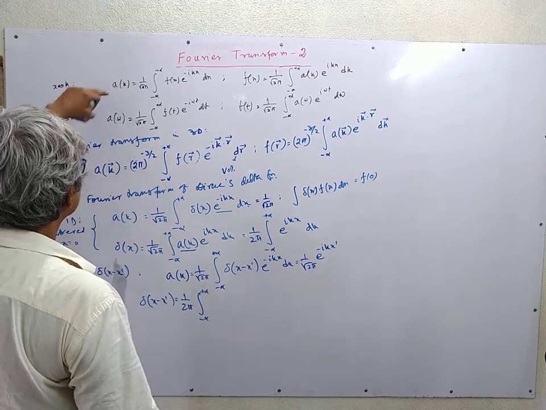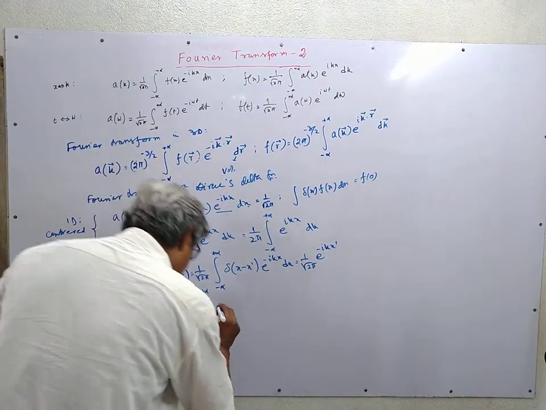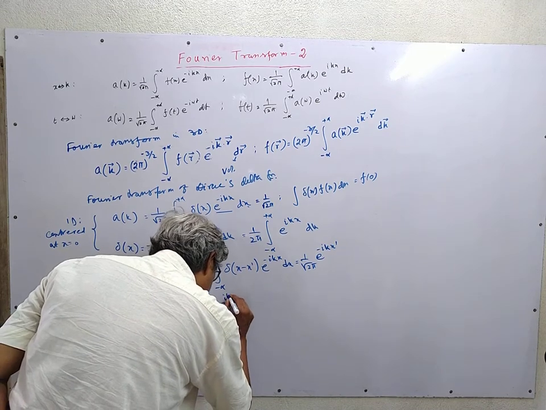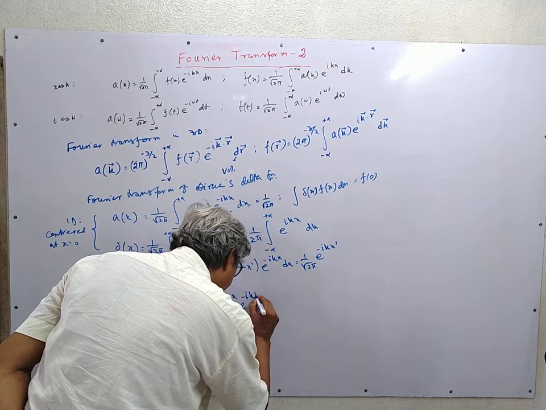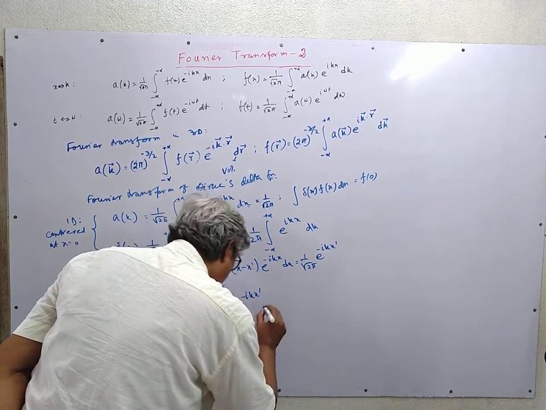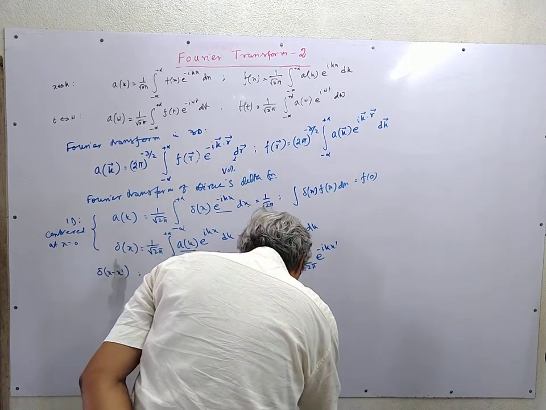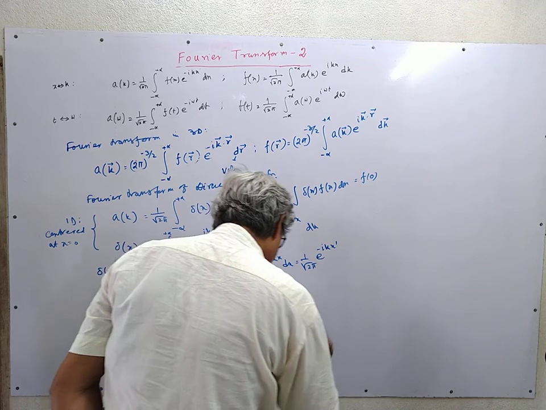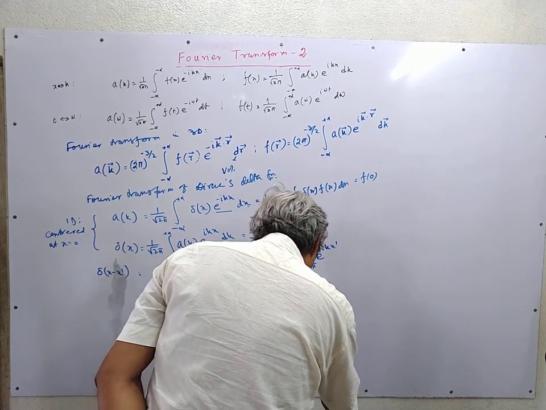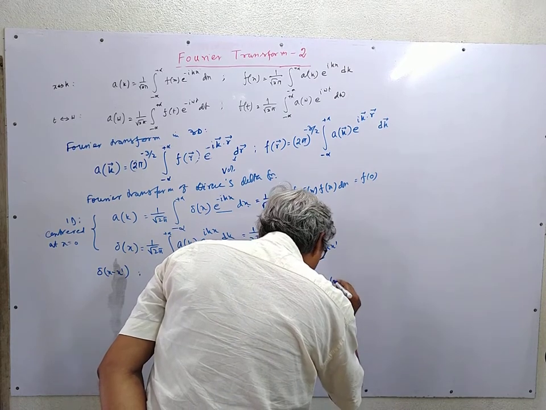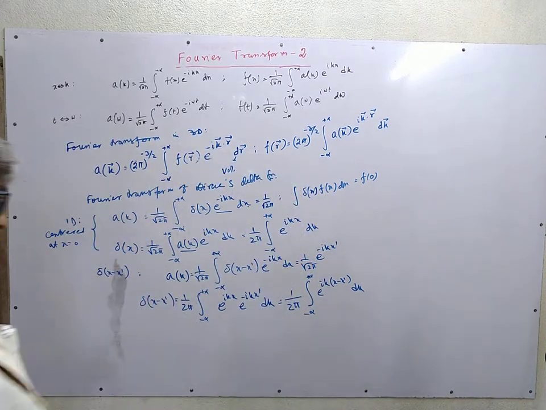In the definition of f of x, there will be an e to the power i kx, and this e to the power minus i kx prime comes from here, and the integration over dk. So the result is the delta function.